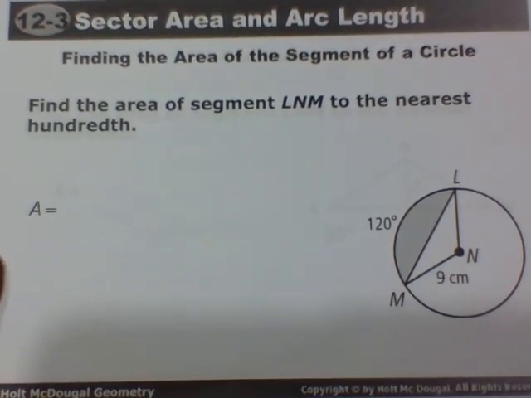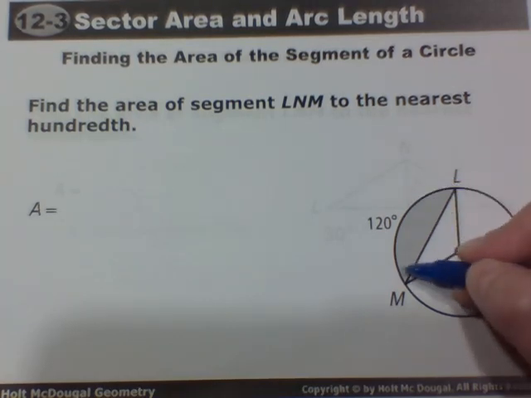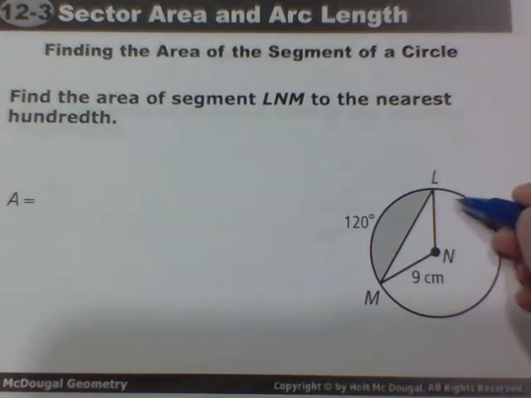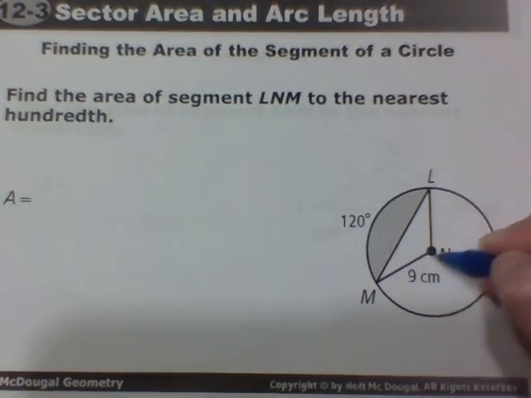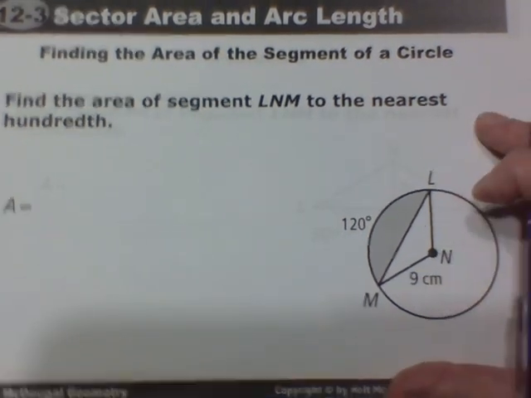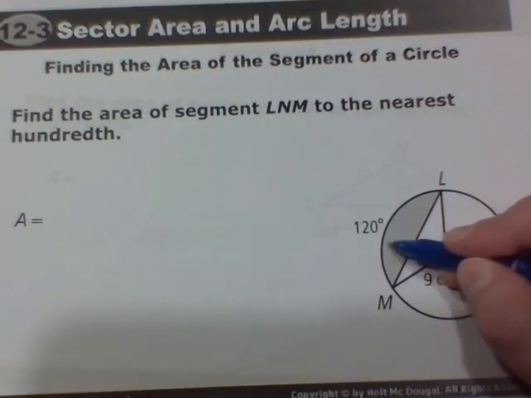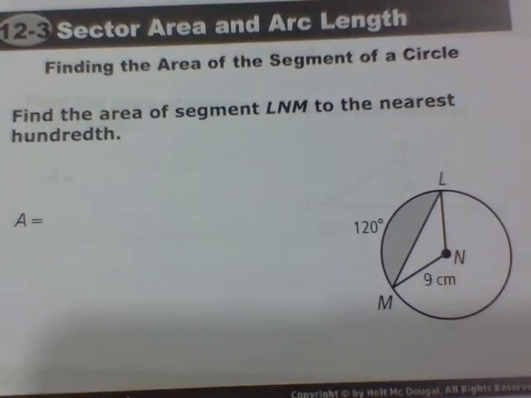All right, we're going to find the area of segment LNM to the nearest hundredth. And so LMN, oh, because it's LNM, sorry, is the sector, but then of course the segment is this little PC over here. PC, yes, that's what I called it.